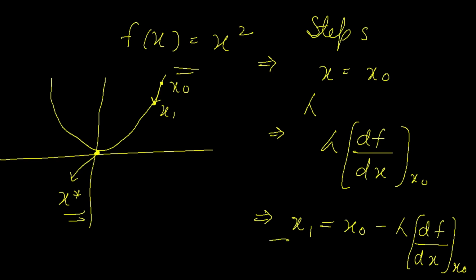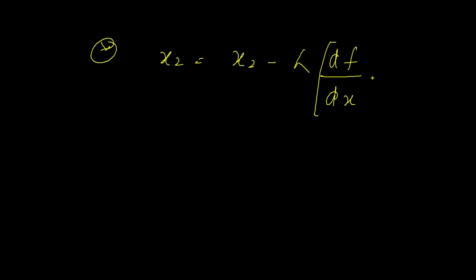This equation is the same as the update equation of gradient descent. Similarly, we take the next value x2 as x1 minus lambda d of f upon d of x at x1.